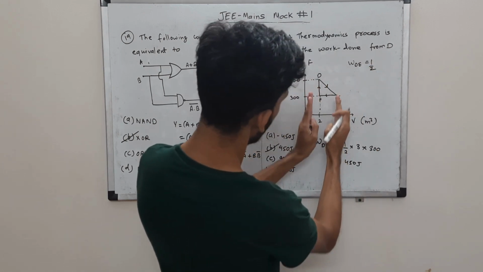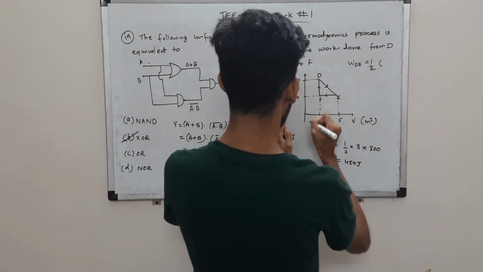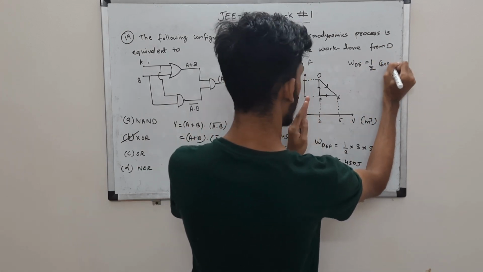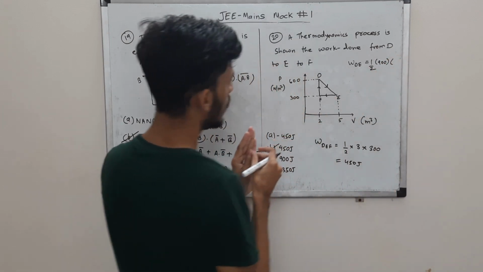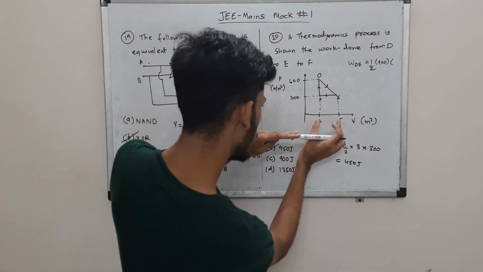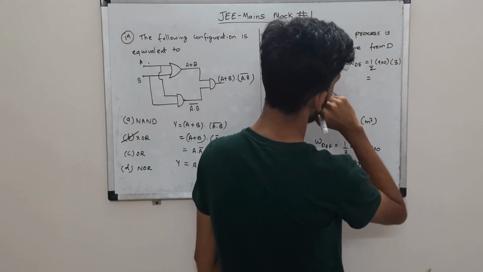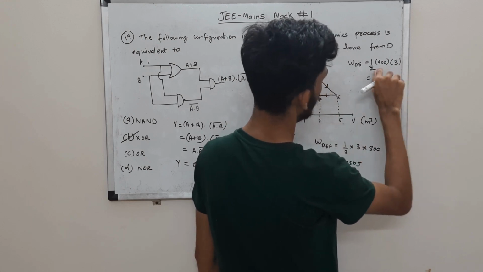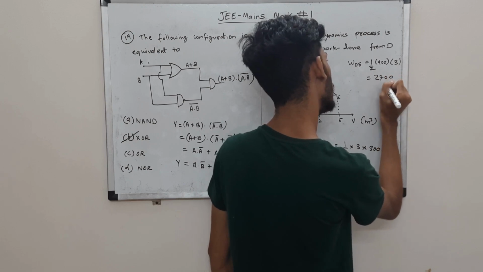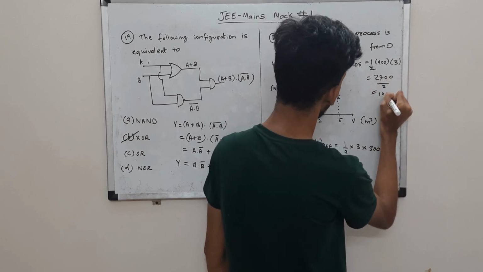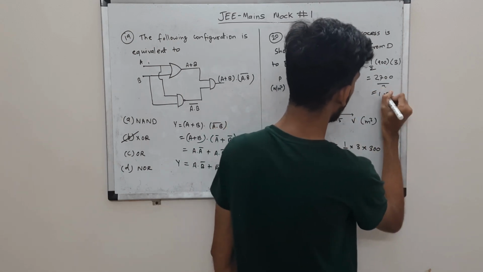So half the sum of parallel sides, which is 600 plus 300, which is 900, okay, into the distance between them, which is 3 again. So 2700 by 2, that is 1350.